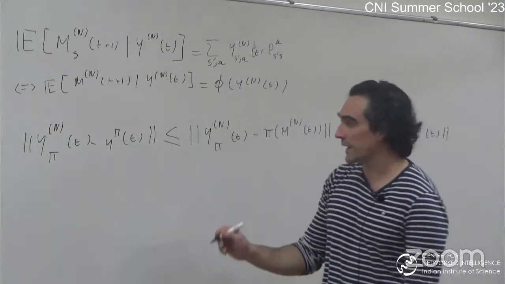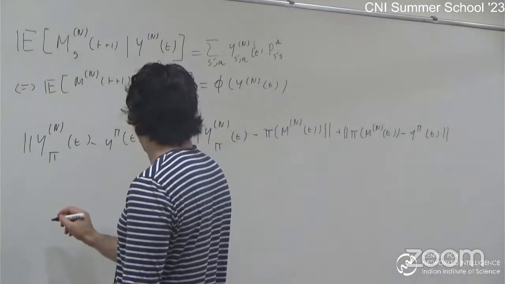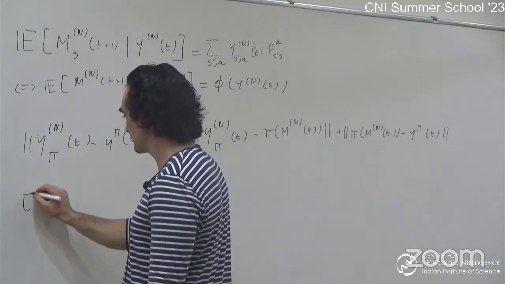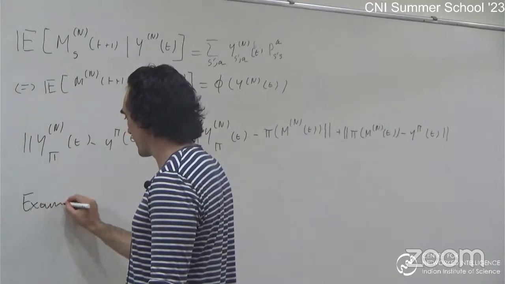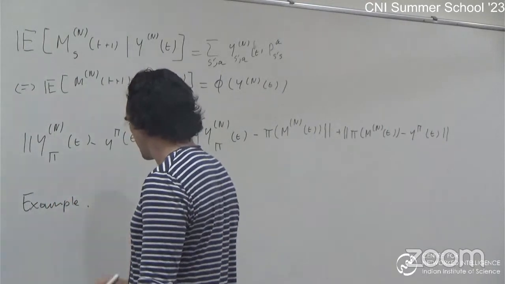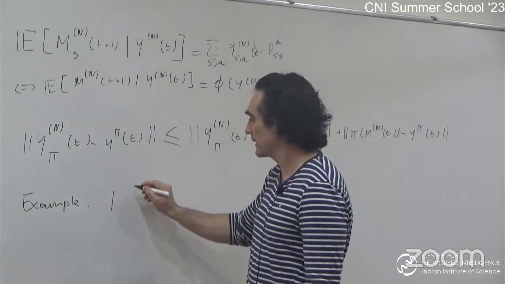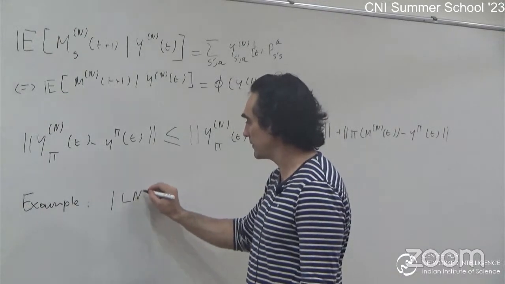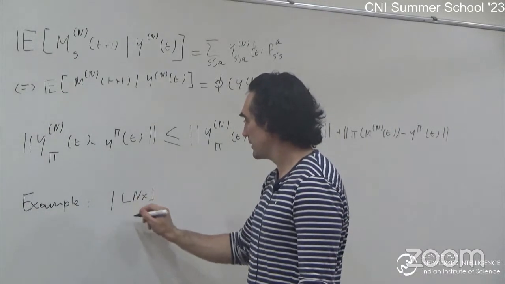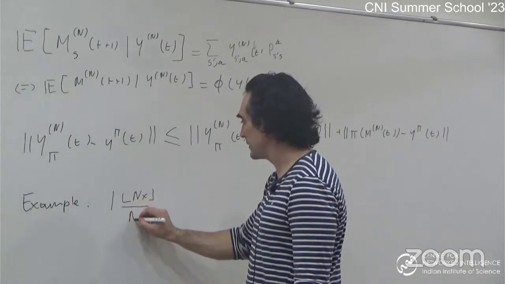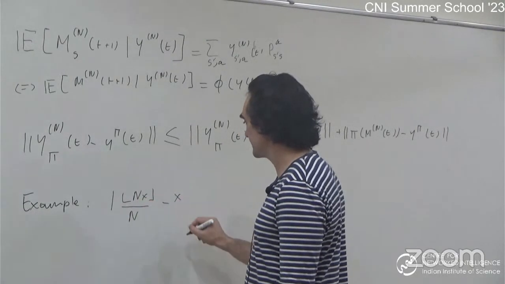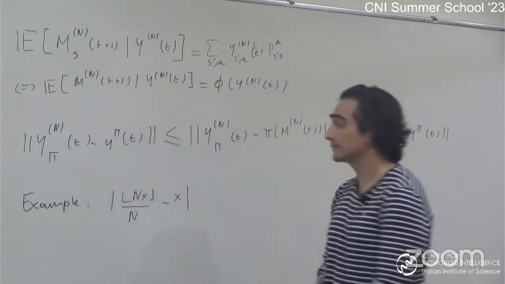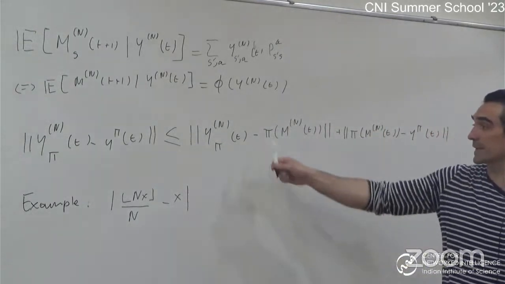So let's look at a simple example. Assuming that you have nx divided by n minus x.